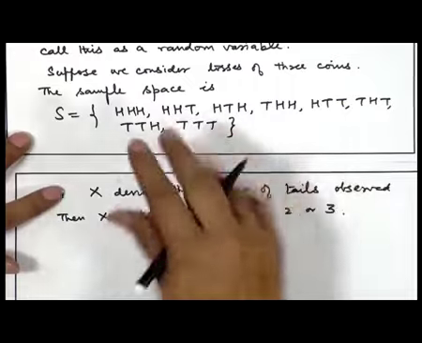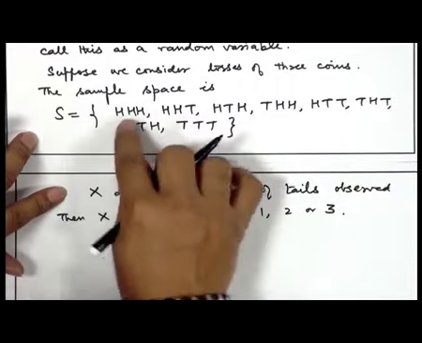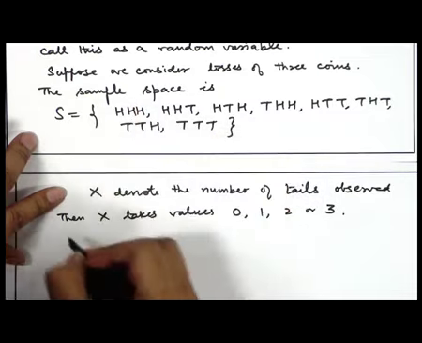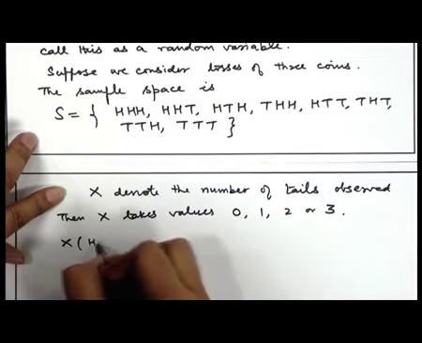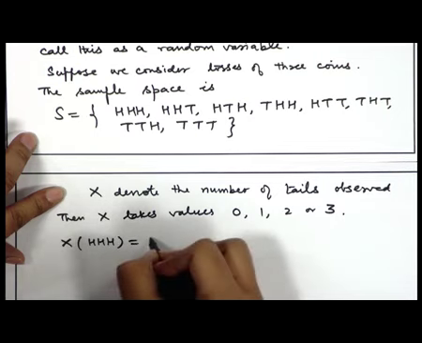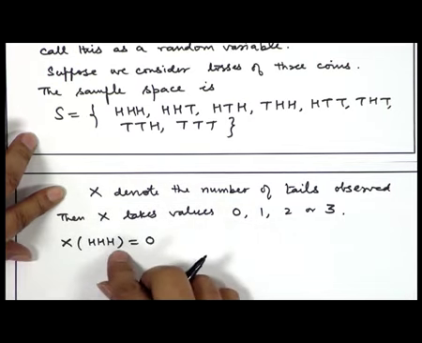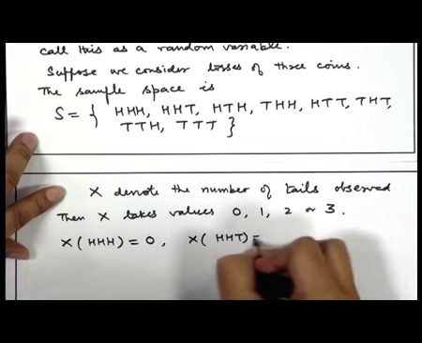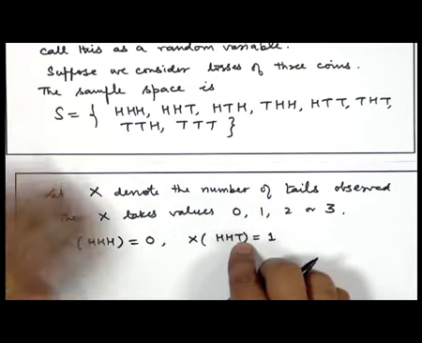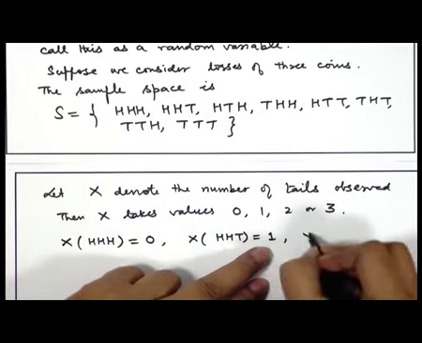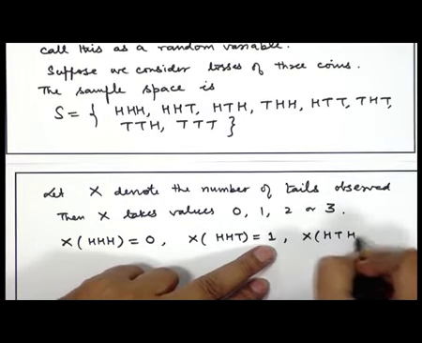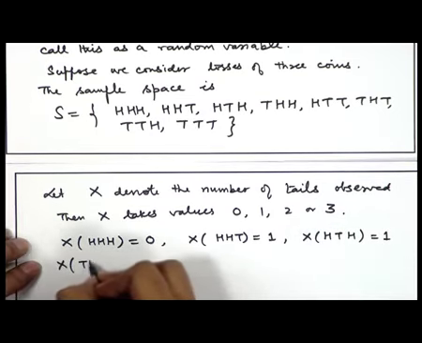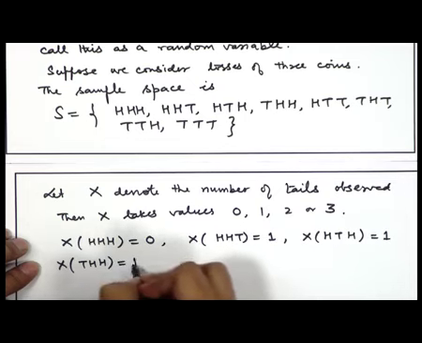In fact, now you can see I want to put a value corresponding to each element of the sample space. So, for example, I can say x of HHH is 0 because there is no tail here, x of HHT is 1 because there is one tail here. Similarly, x of HTH is equal to 1. x of THH is 1.